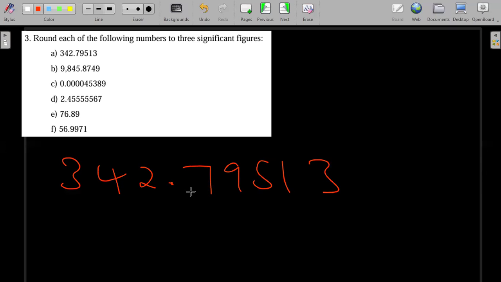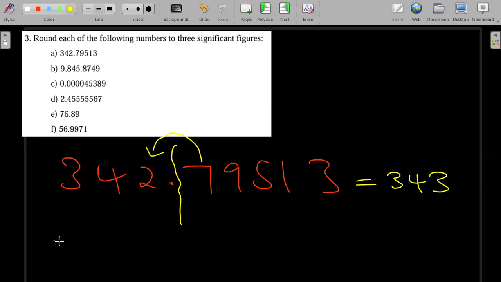So we're rounding off these to 3 significant figures. So we'll round it off from here. So we're rounding off this 7 to that 2, right? So what are we going to get? We're going to get 343. It's correct, right? Yes. Okay, so that's what we get on A.